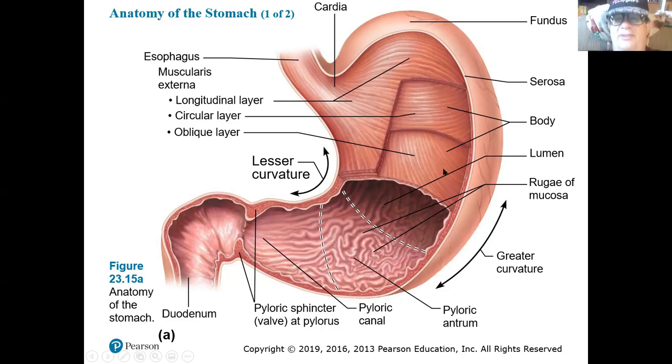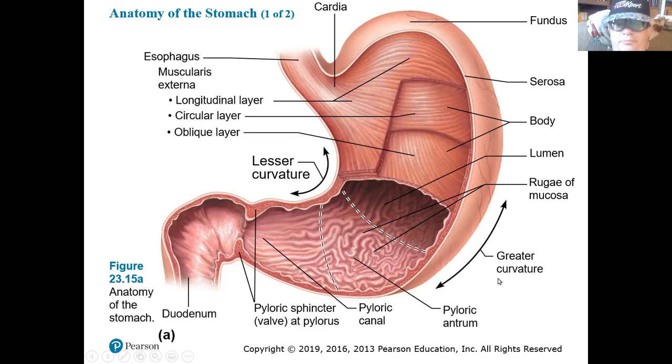The part between the fundus and the pylorus is the body. Okay. The rugae are these wrinkles you see everywhere on the inside. Those are the ones we talked about that allow expansion. Everything above the body in this big curve, this is fundus. The other curves, you have the lesser curvature here that's on the esophagus side, and the greater curvature that is the inferior side.